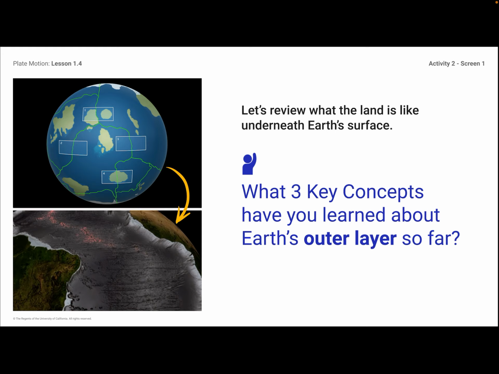And you also watched that video in which they were able to animate the removal of everything on the surface of Earth, and we got to see that Earth's outer layer is made of hard solid rock. So we know Earth's outer layer is made of hard solid rock, and then we just had those other 2 key concepts. Earth's outer layer is divided into sections called plates, and geologists look for patterns in landforms and in geologic events in order to better understand Earth.